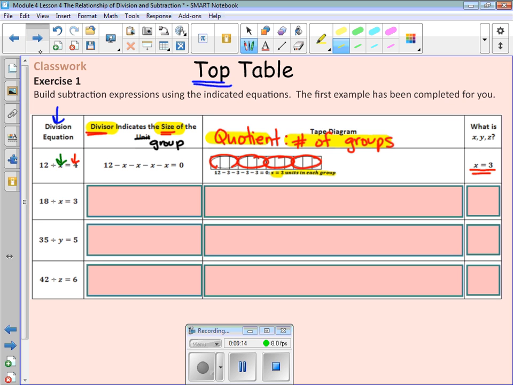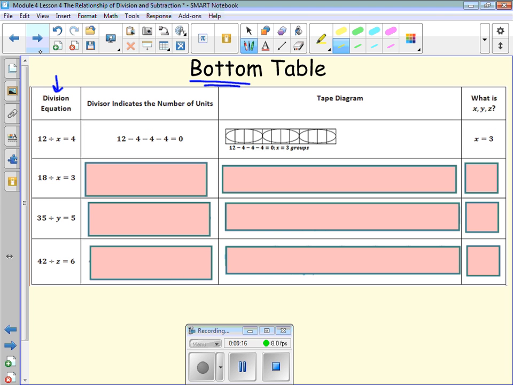Now we're going to drop to the bottom table. The bottom table has the same equation, 12 divided by x equals 4. But this time, the divisor is telling me the number of groups. And I'm going to cross off units and write groups. And you should too. So my divisor is the number of groups.